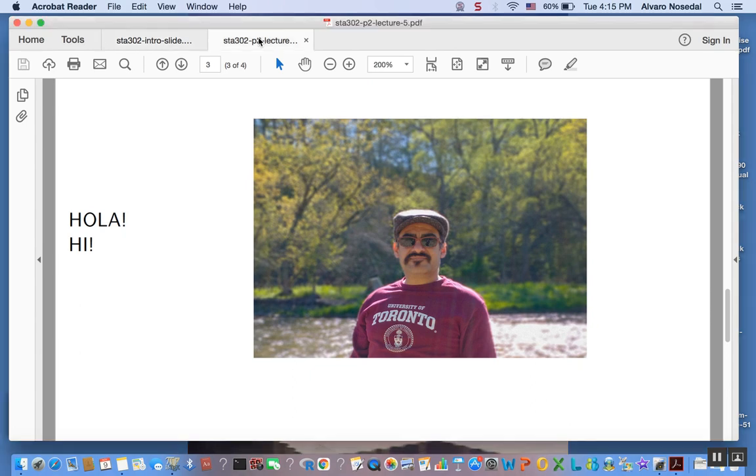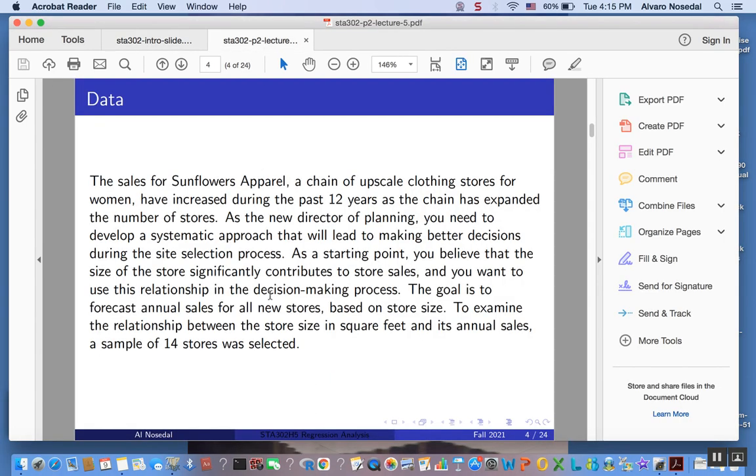Okay? Well, let me show you something that I prepared for you. This is the example that we're going to use, the small data set that we're going to analyze using a residual analysis. We would like to see if there's a relationship between store size and annual sales.